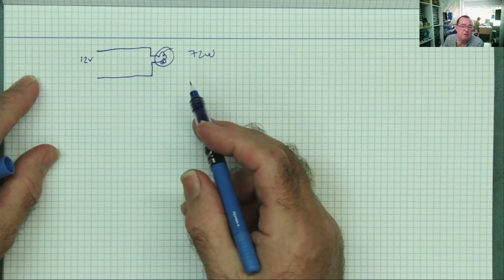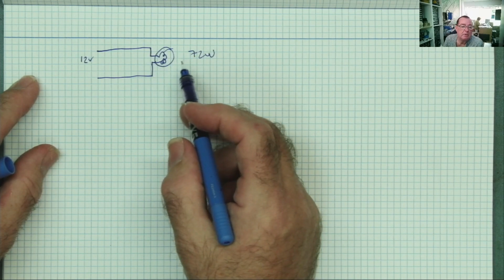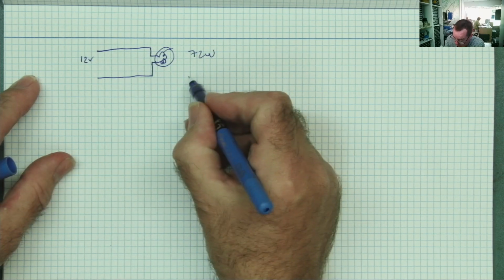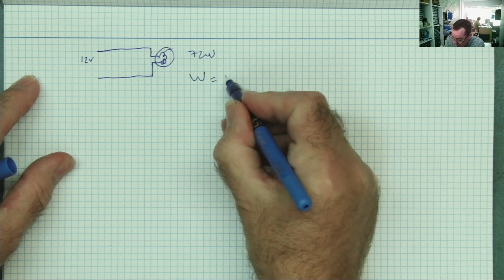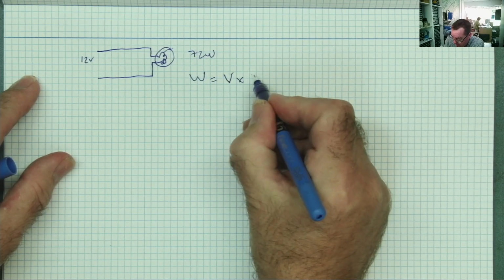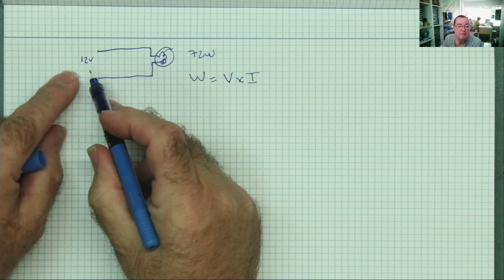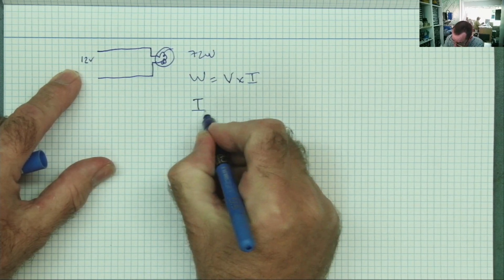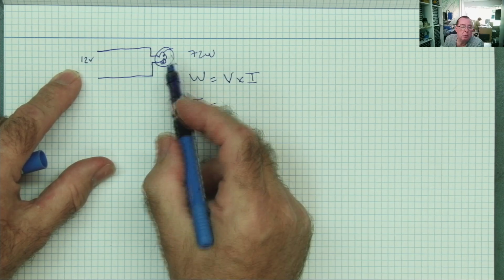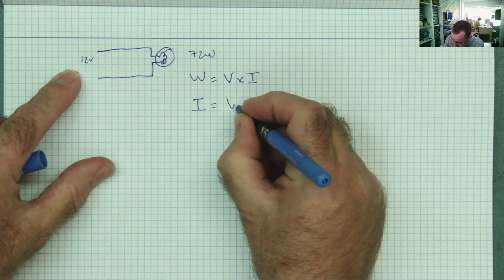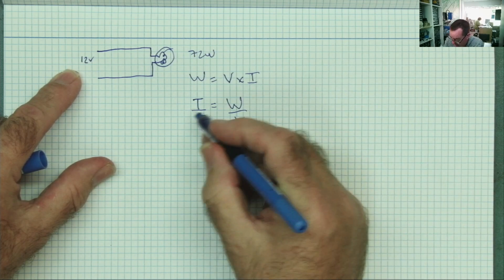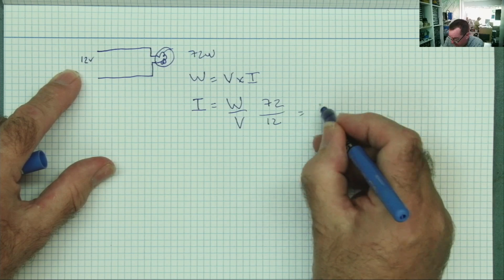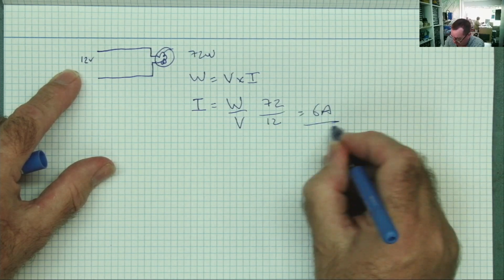The way we do that is we first need to know the current flowing through the light bulb, and that's easy because watts equals volts times current. We know the volts is 12, so current equals watts divided by volts. We know that is 72, and we know that is 12, so it is 6 amps. So that is the current.